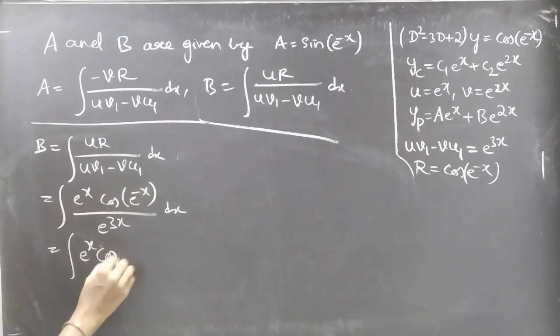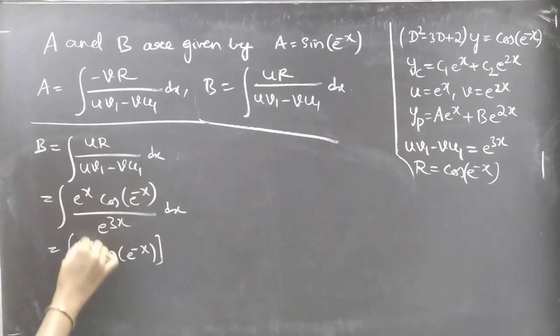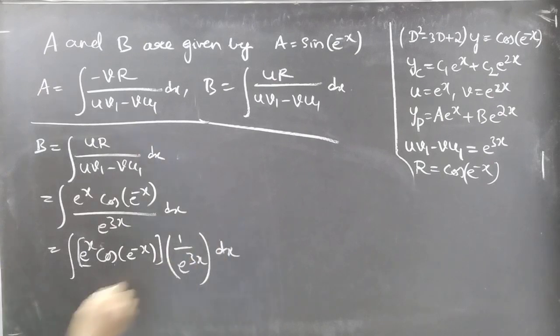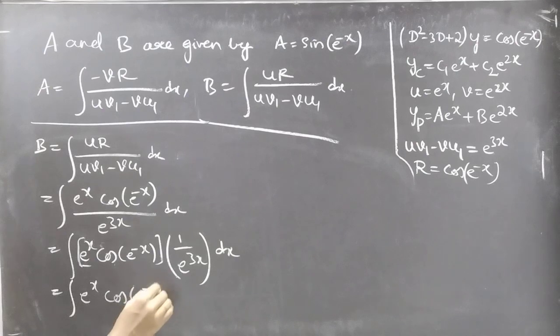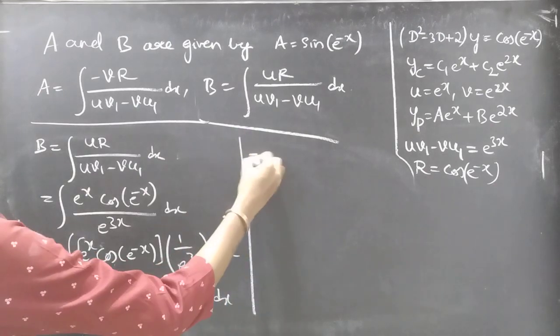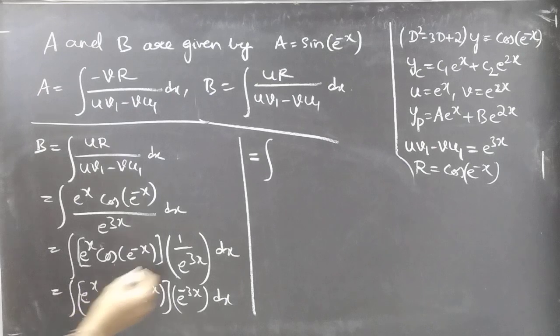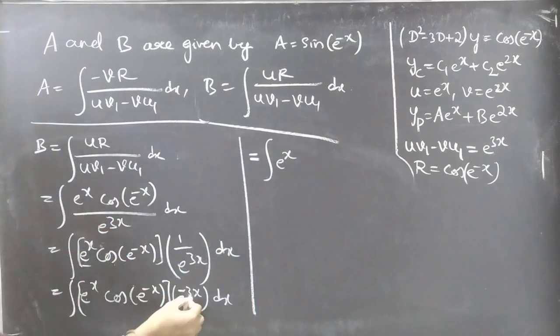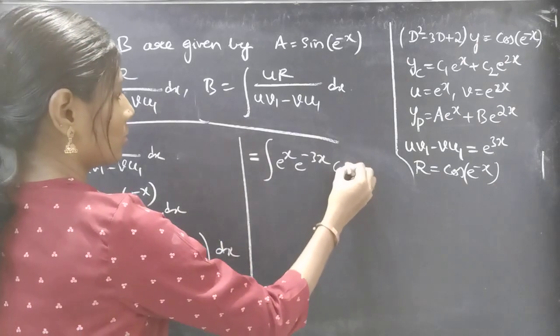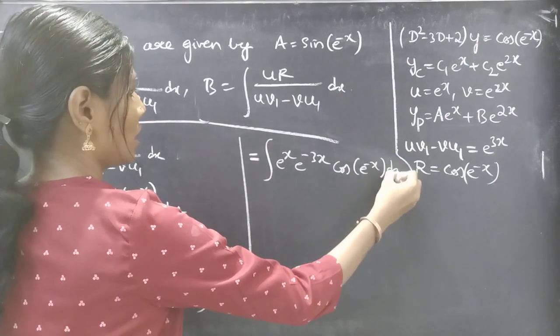I'll just write this fraction as e^x cos of e^(minus x) into 1 by e^3x into dx, which equals the integral of e^x cos of e^(minus x) into the reciprocal of e^3x, which is e^(minus 3x), into dx, which equals the integral of e^x into e^(minus 3x) into cos of e^(minus x) into dx, right?